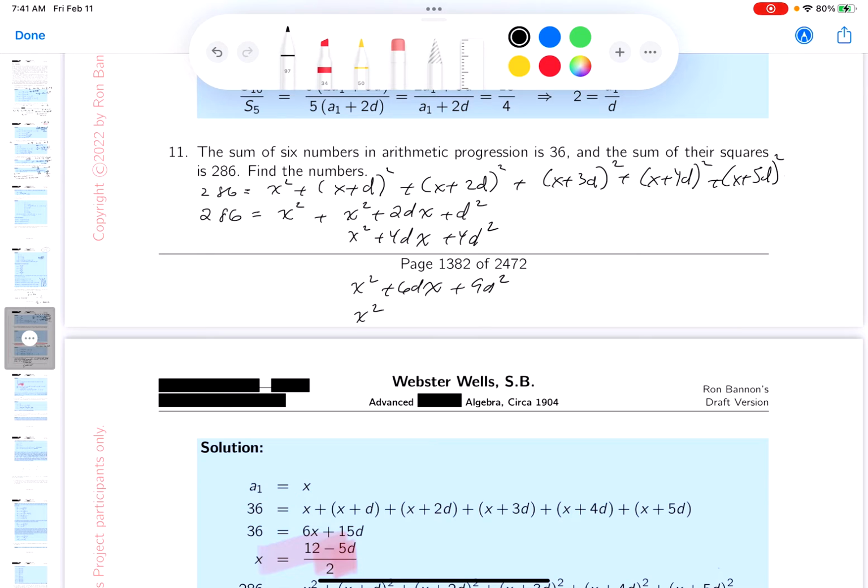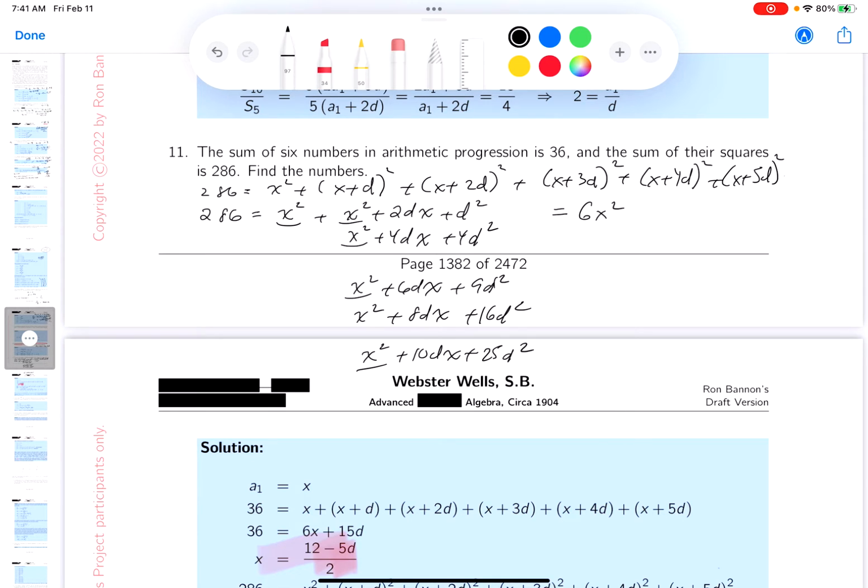The next term would be x squared plus 8dx plus 16d squared. It's a lot of writing, and it's getting kind of crazy. I probably could just know the pattern at this point. So x squared plus 10dx plus 25d squared. Well, I could add that all together. 1, 2, 3, 4, 5, 6, so 6x squared. That's done.